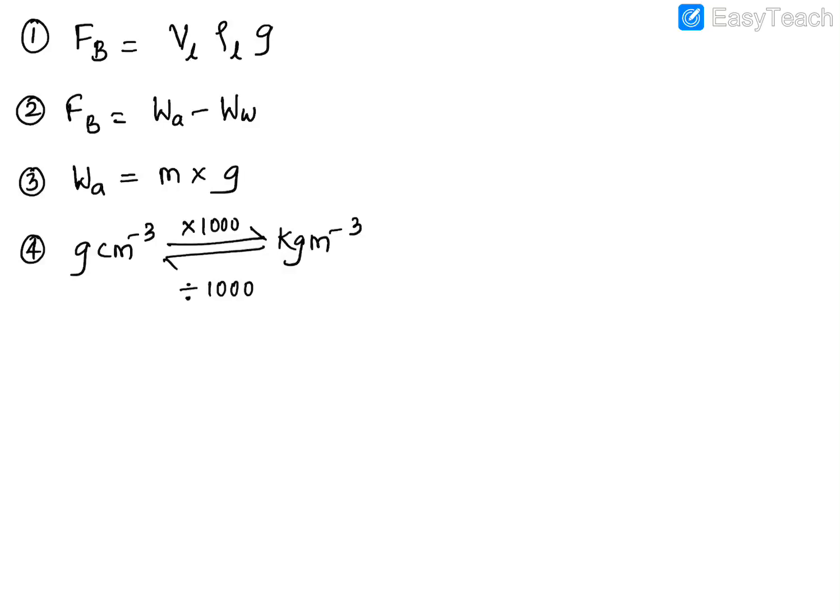I'll make another formula over here: the apparent weight of a body, or weight of a body in water or in liquid, is equal to weight in air minus the upthrust. If you notice, formula number 2 and 5 are the same thing. Just check that.